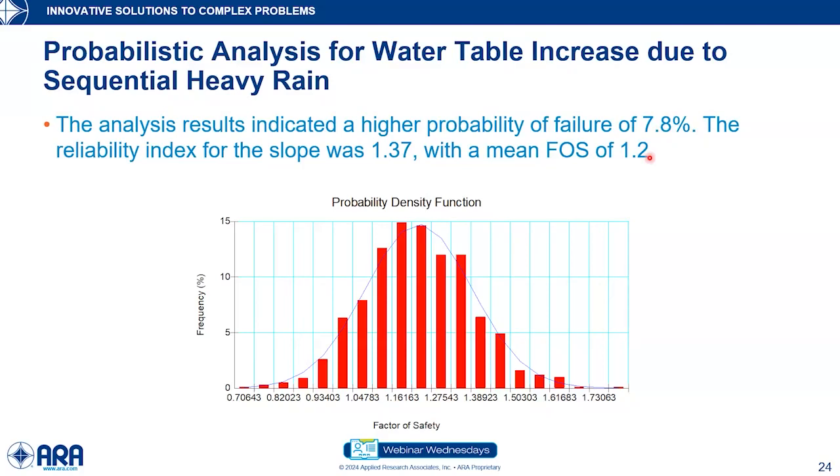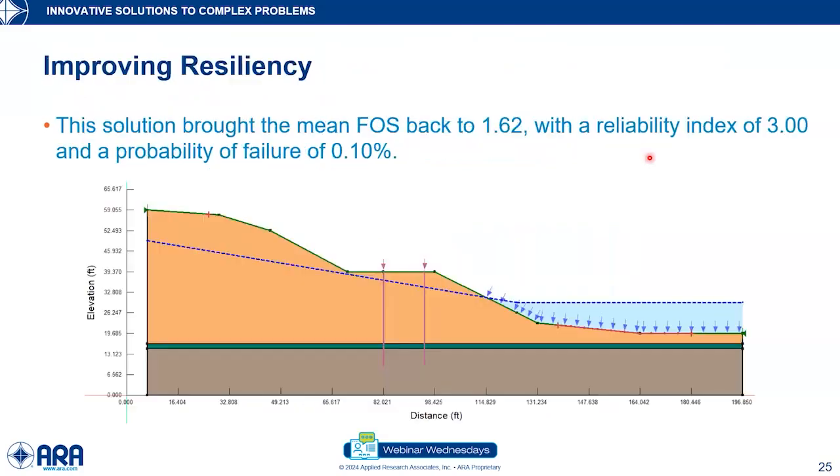And then the reliability index drops and the factor of safety drops. So the idea in this case study was to look at possible solutions, and one of them was deep foundations, similar to the case study shown at the beginning. So you can improve the resiliency of that slope here by introducing deep foundations.